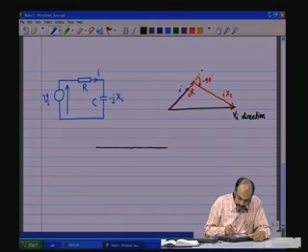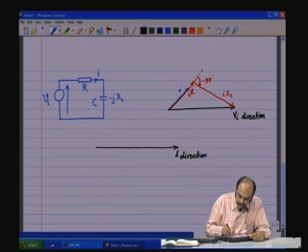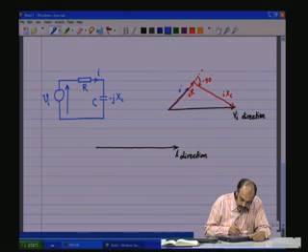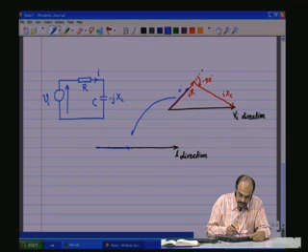So, let us say this direction here represents the I direction. The I vector direction, which means now the current I is like this. Notice the correspondence here.